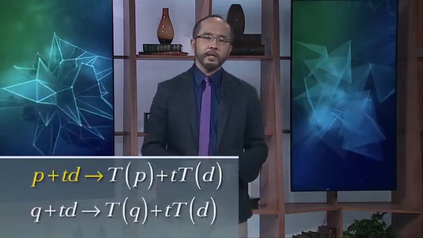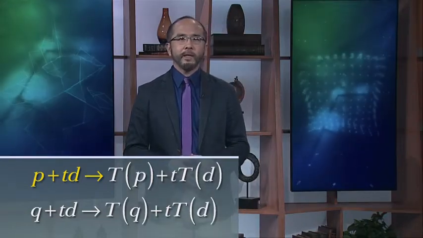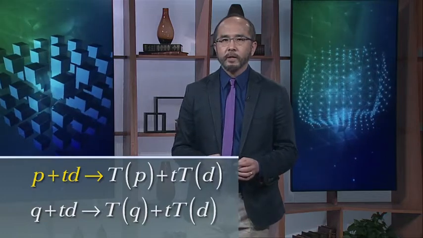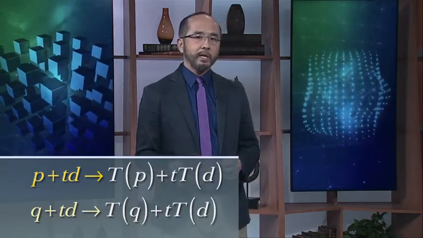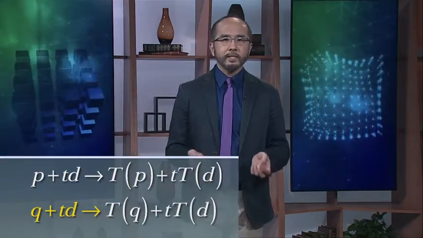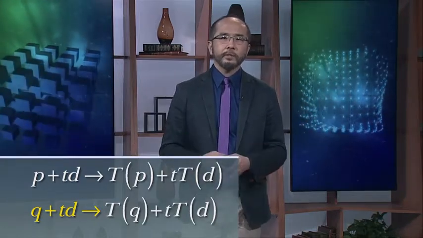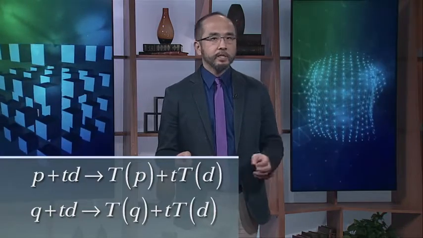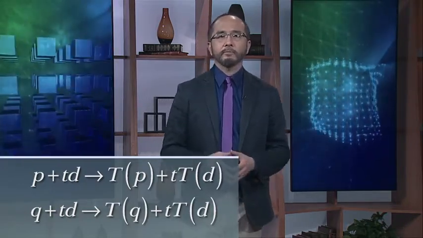In fact, you can see more from this discussion. If I look at the line p plus td and then change the base point p to the base point q, the direction of the line is still d, it doesn't change. So two lines p plus td and q plus td are parallel.